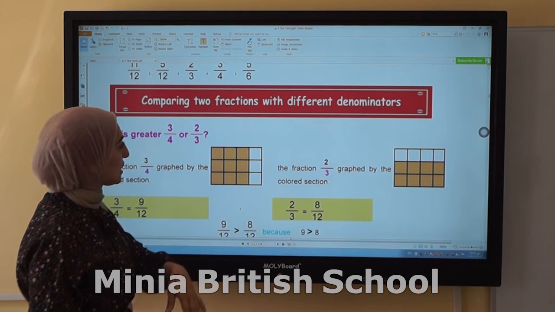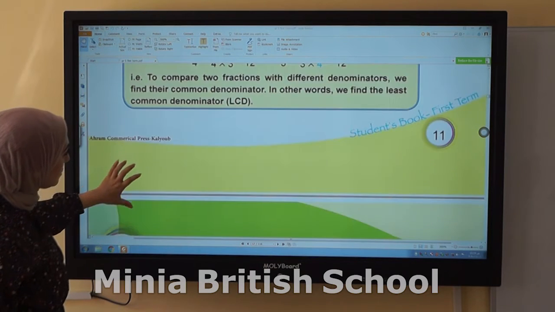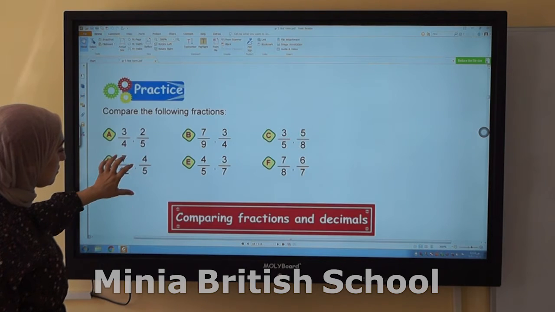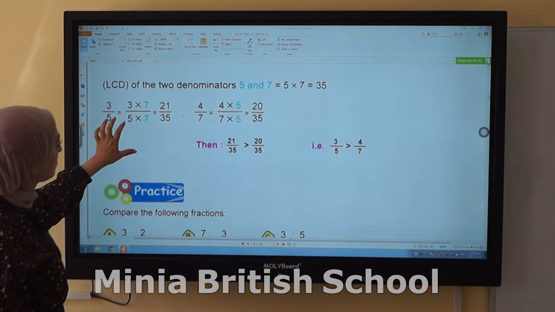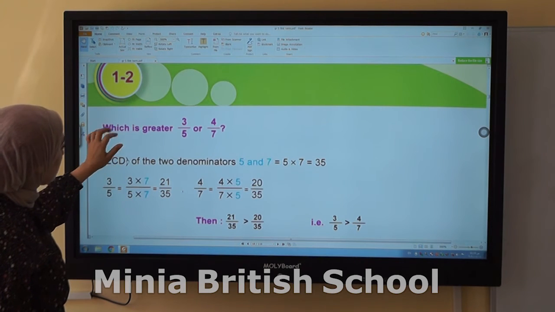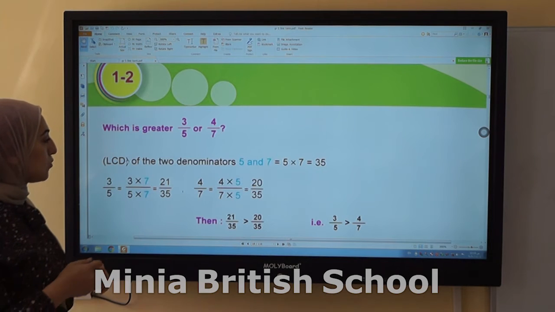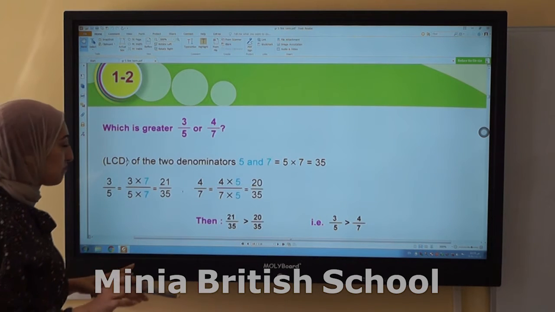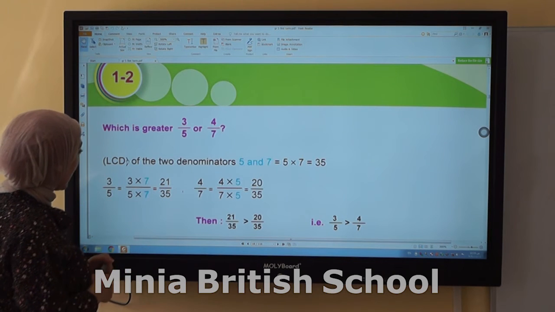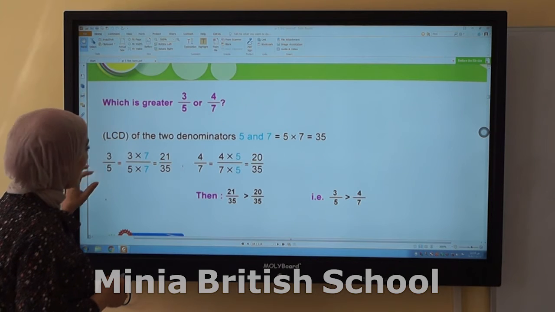For comparing two fractions with different denominators or different numerators, as we said, cross multiplication, or scissors, is the easiest one. Another way is the LCM, not LCD, LCM.